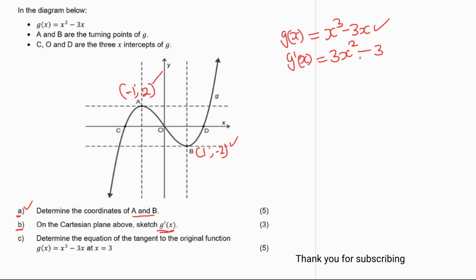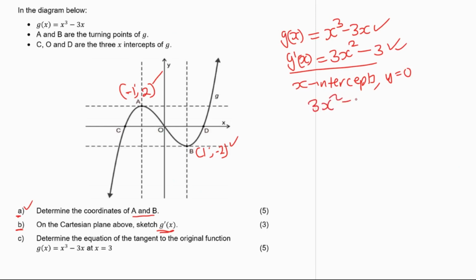Okay, so we can sketch from this equation because we already have the equation of the derivative of g of x. So let's sketch from this. So what we do, we can find the x-intercepts. X-intercepts, y is equal to 0. So we say 3x squared minus 3 is equal to 0.